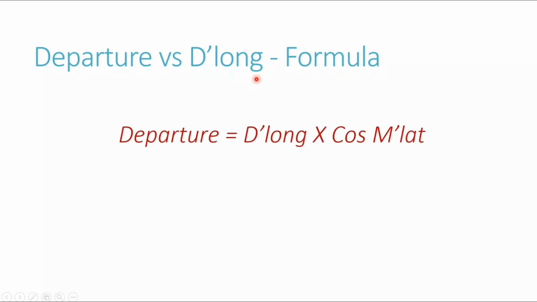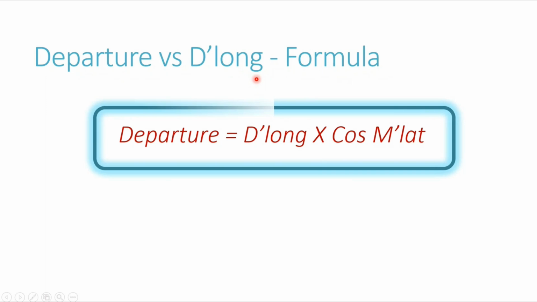Now, if we have only one scale on our plot, then you have to measure all the distances, whether they are in the north-south orientation or the east-west orientation, on the latitude scale itself. The north-south distance measured along the latitude scale is the D-lat, but the east-west distance measured along the latitude scale is the departure.